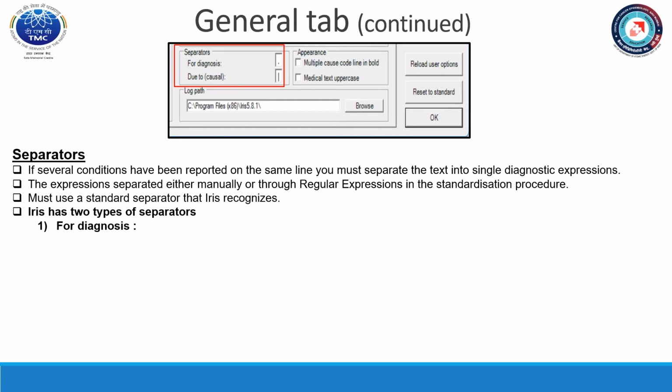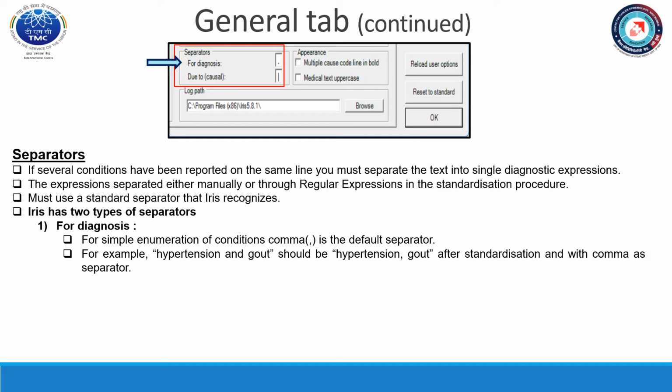For simple enumeration, select the For Diagnostics option. The comma is the default separator. For example, hypertension and gout should be hypertension, gout after standardization with a comma as a separator.